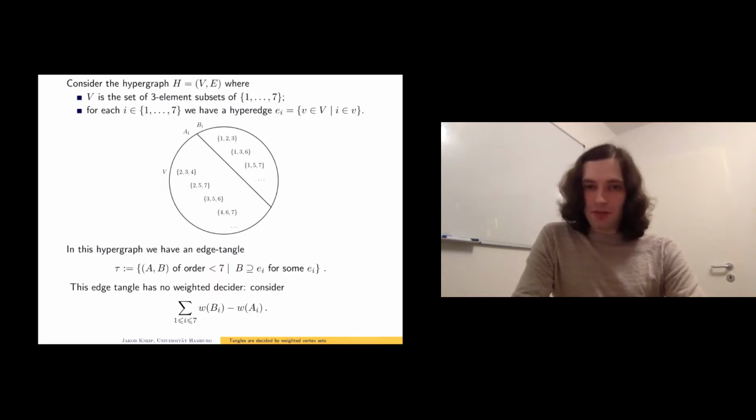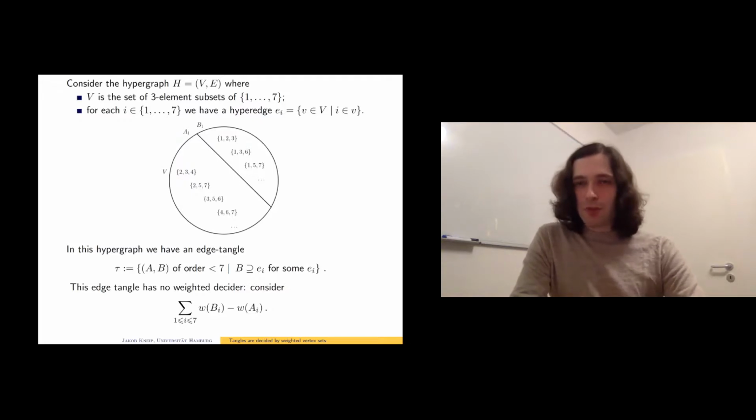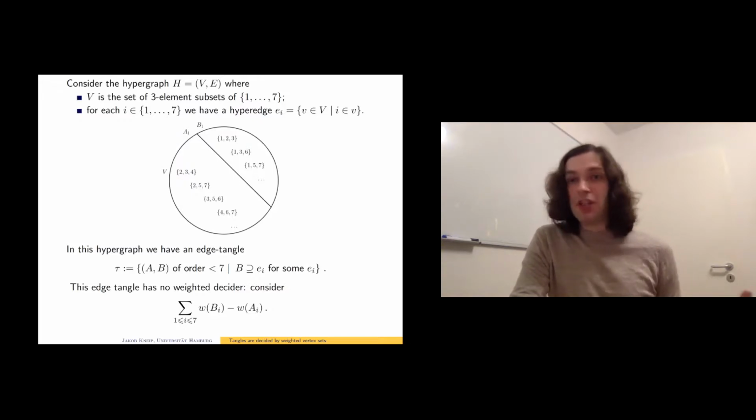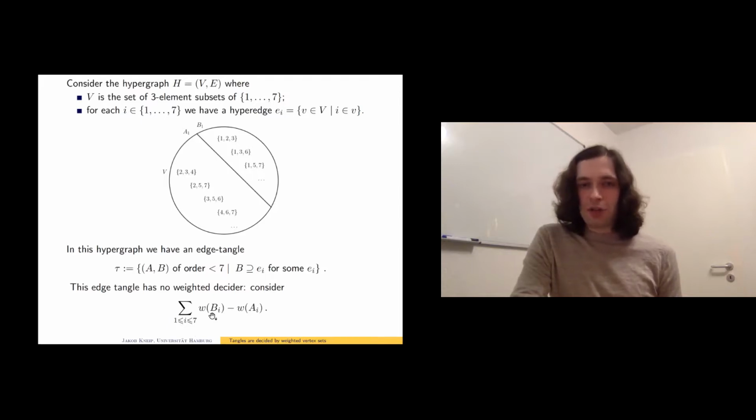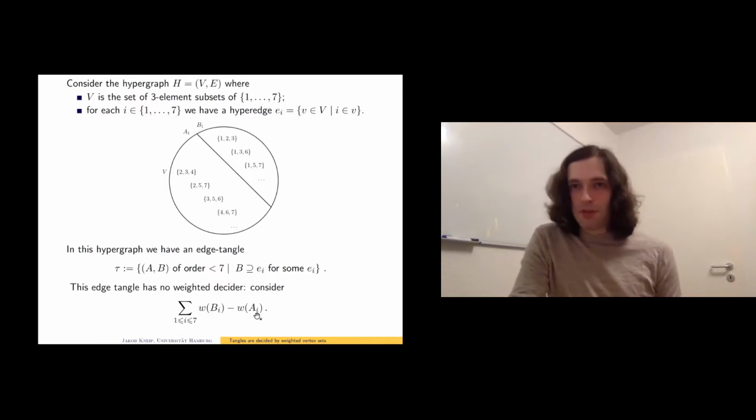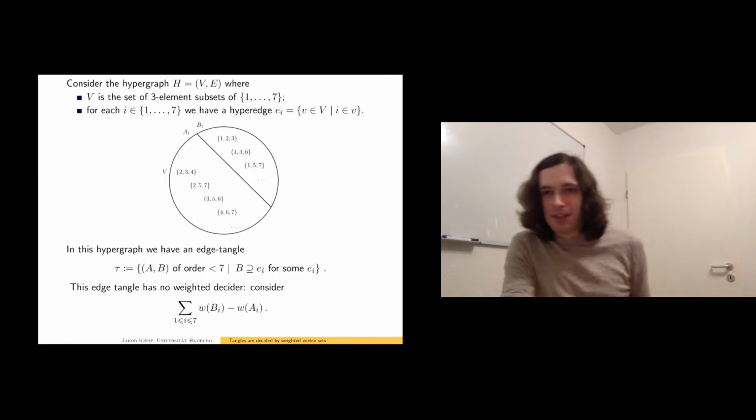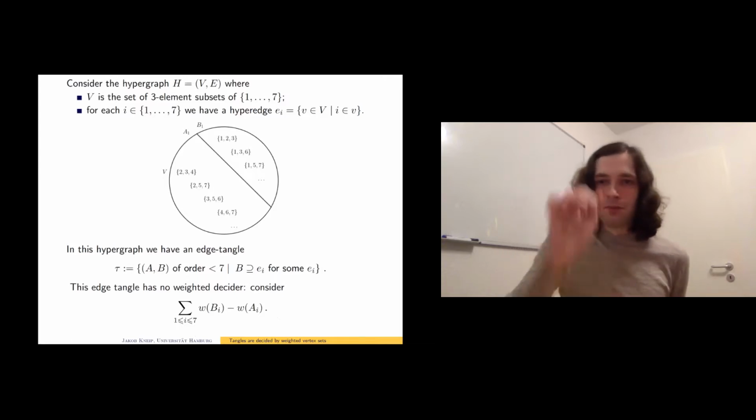Now, if our weight function indeed has the property that for each separation, for each cut in the tangle, the big side will have higher total weight, then this is clearly a positive sum. So each of the summands here, each of these differences between the big side and the small side will be positive. So if we sum 7 positive things, we surely get something that's bigger than 0.